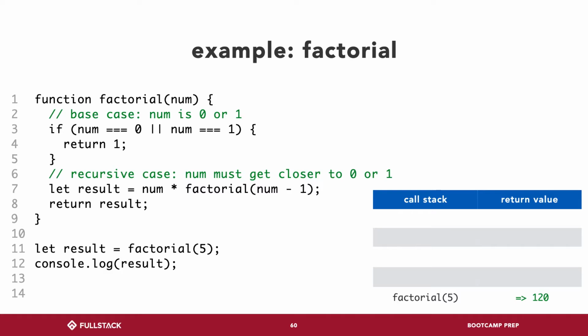And then for anything bigger than that, like 2, 3, 4, that will be every number in between 1 and 4, 1 and 3, multiplied together. That's what the factorial actually is. And this is how we solve it with recursion in this function. Does anyone have any other questions on how we got 120 as a return value?